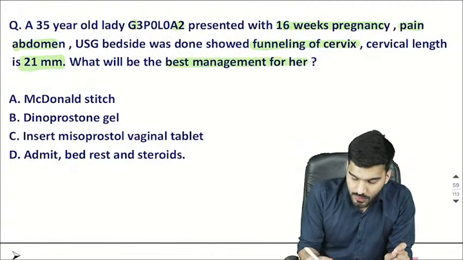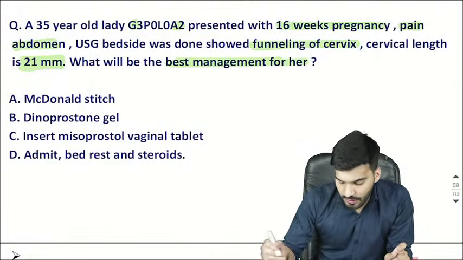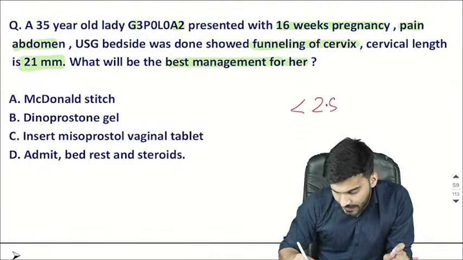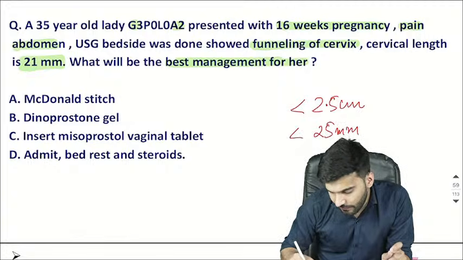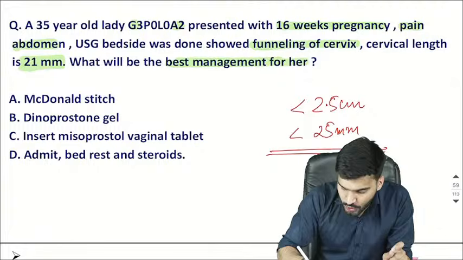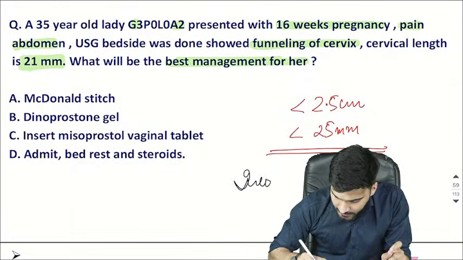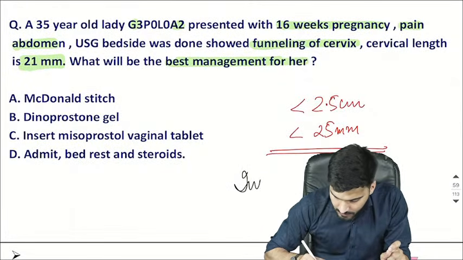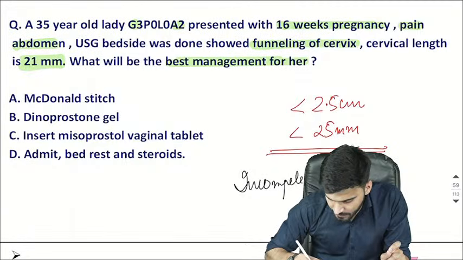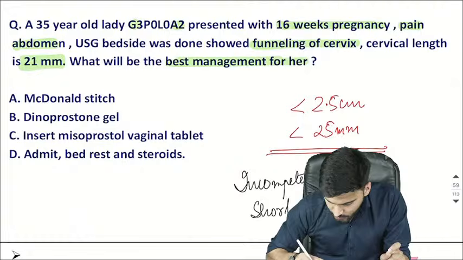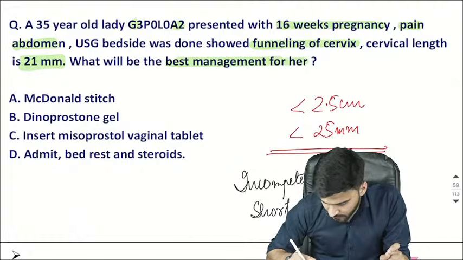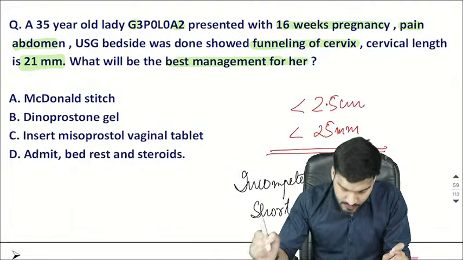So what is your classical diagnosis? Very good. Whenever the cervical length is less than 2.5 centimeter or less than 25 mm, this is a short cervix, or we call it incompetent os, or cervical insufficiency.